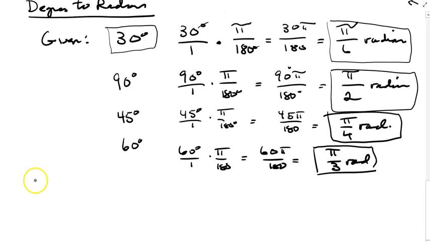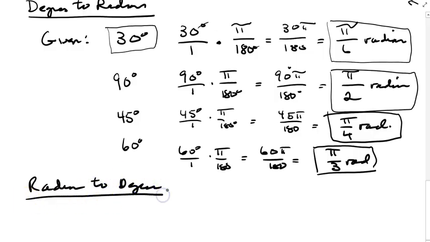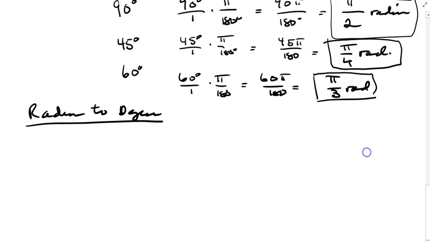So let's go in the other direction. Maybe you're working in a radian measurement and you just feel more comfortable knowing what that would be in degrees. So let's do 5 pi over 3. So think about it.